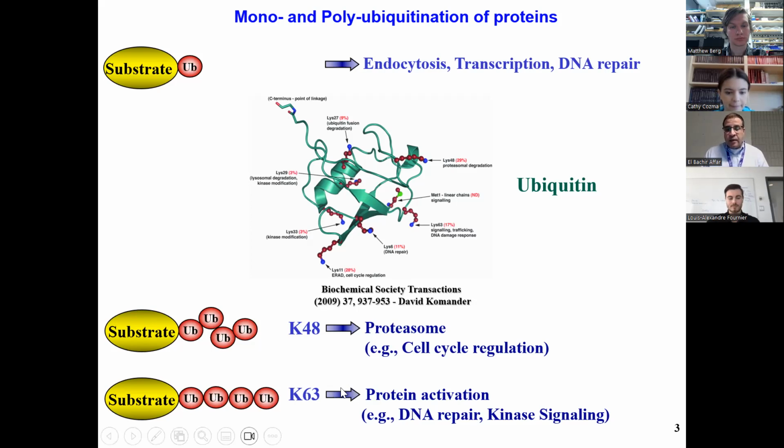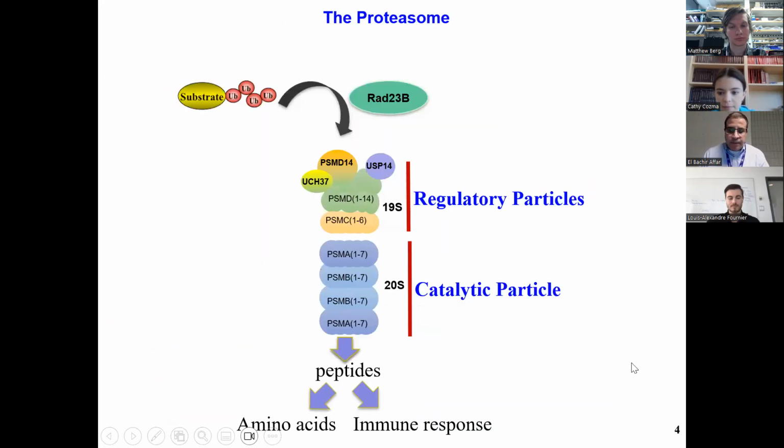We can see that, for example, in protein activation, in DNA repair and kinase signaling. So we have ubiquitination that brings proteins to degradation by the proteasome, but ubiquitination can also have proteasome-independent events which are not associated with proteolysis.